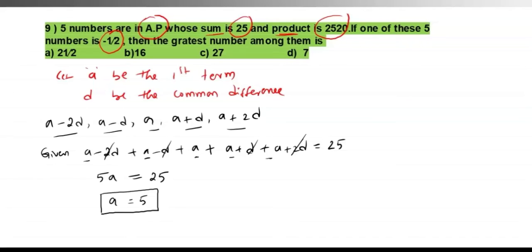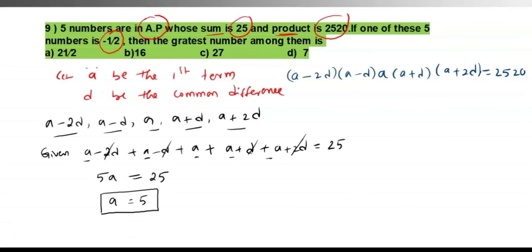Now come to use the second data. What is the second data there? Product of these 5 numbers. So a minus 2d into a minus d into a into a plus d into a plus 2d is equal to 2520, right?